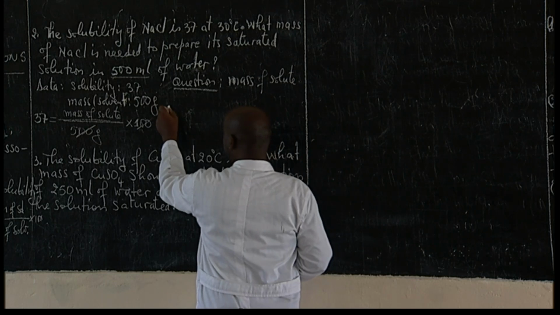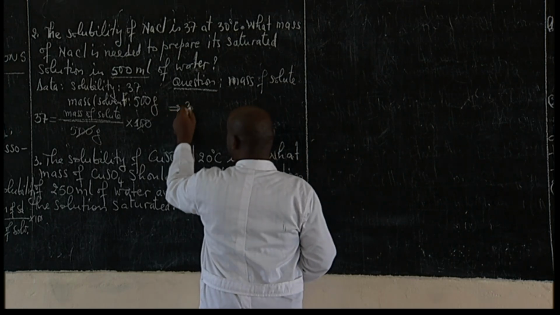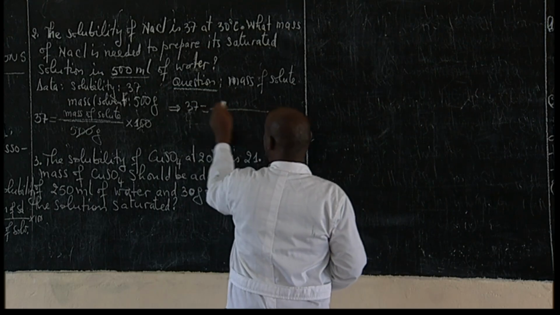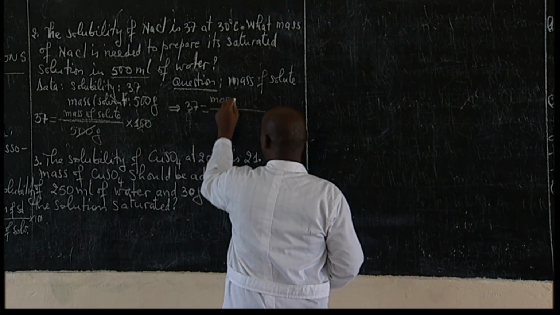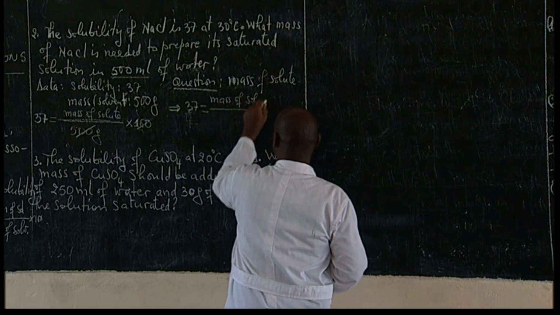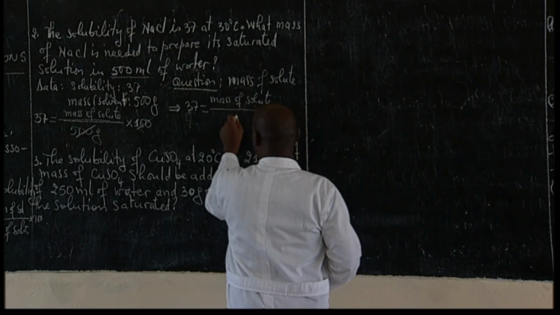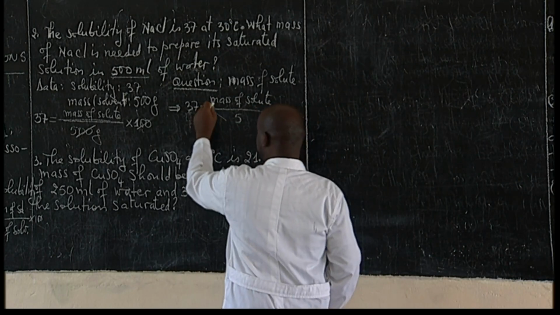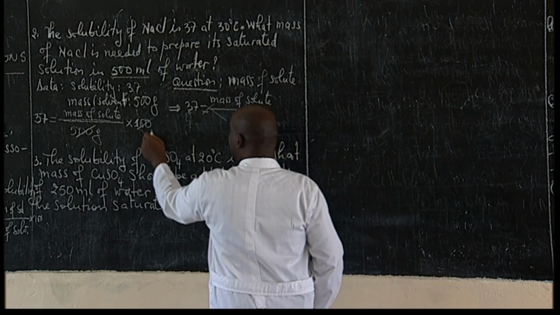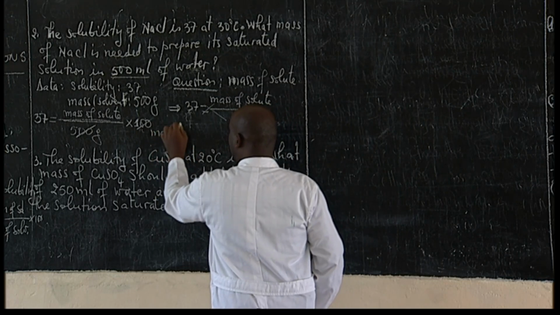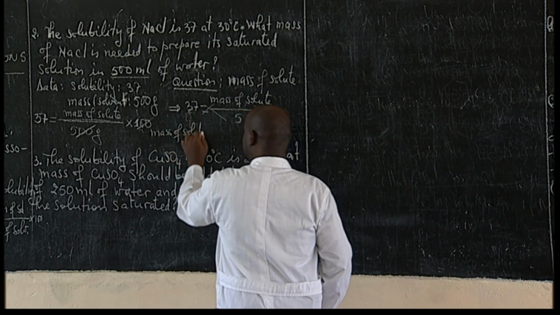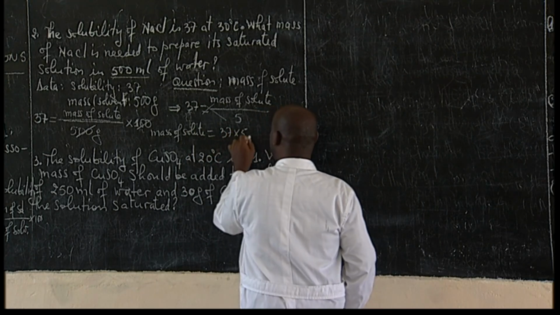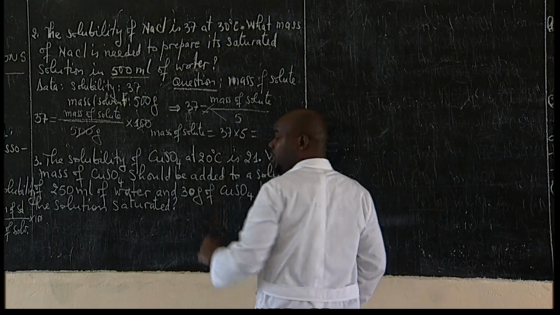So from there we have 37, which is equal to mass of solute over 5. If we use cross multiplication, we get mass of solute, which is equal to 37 times 5. And what is the answer?